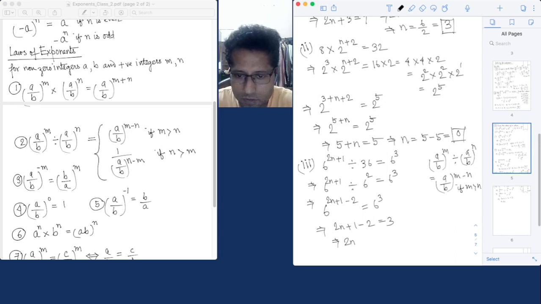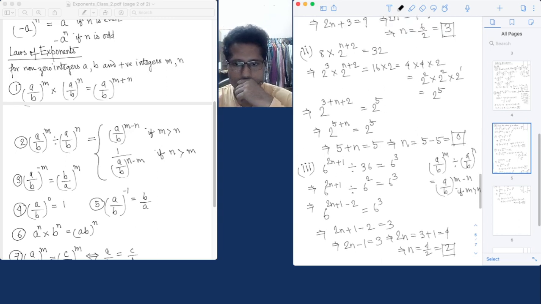So here we have 2n plus 1 minus 2 equals 3. So 2n minus 1 equals 3. This implies 2n equals 3 plus 1 equals 4. This implies n equals 4 by 2 equals 2. So n equals 2.